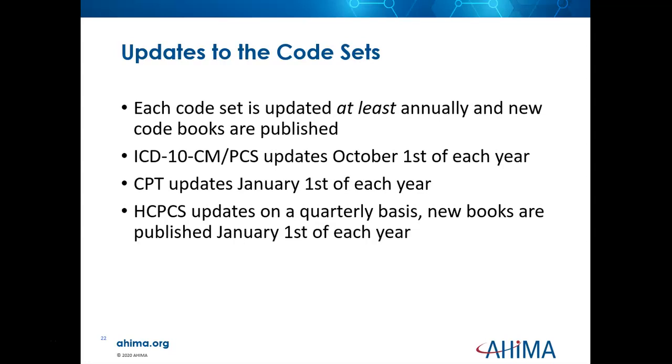However, when the pandemic hit, we needed a new code to identify COVID-19, and we could not wait until October because the pandemic hit early in 2020. April 1st was when the COVID code, which is U07.1, came out. So that actually was updated in April.